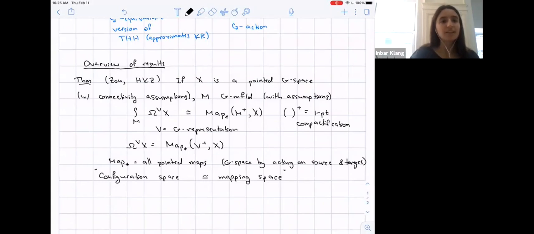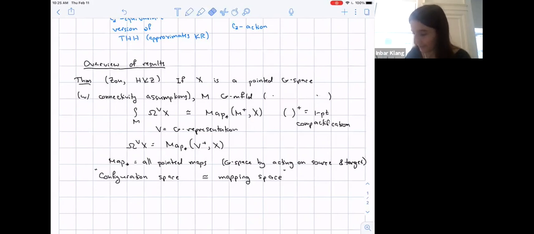There's also a question: one of the sides depends on V and the other one doesn't.